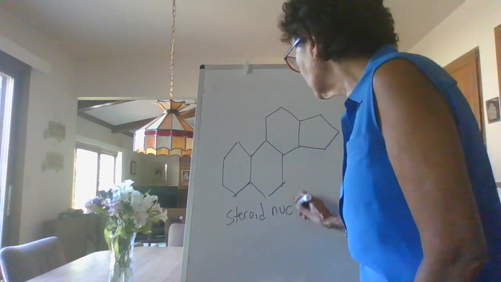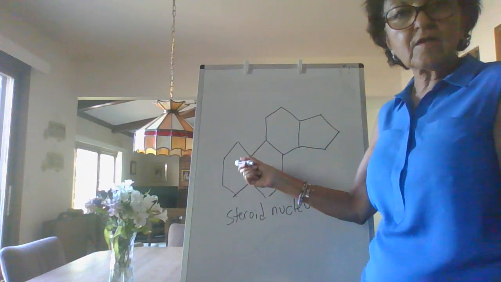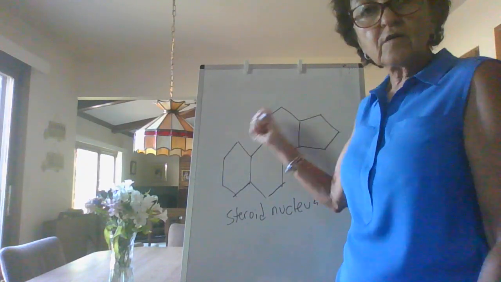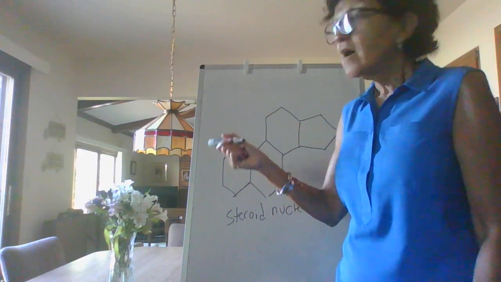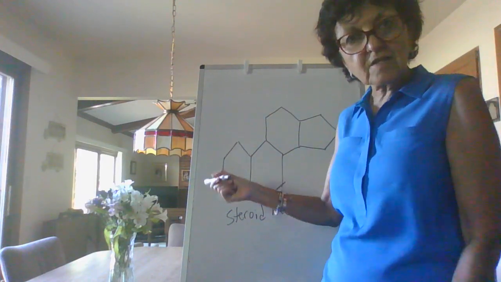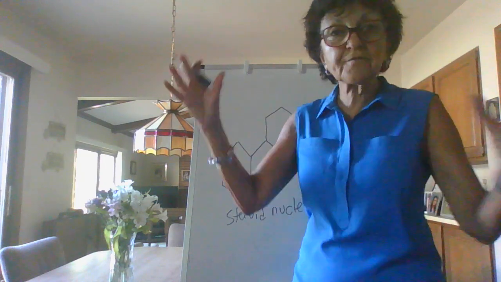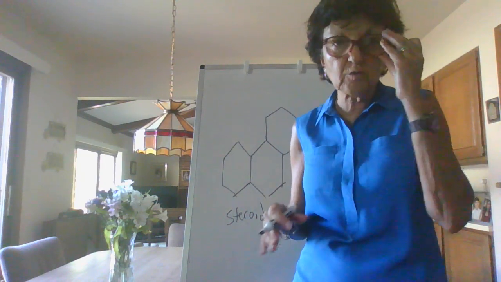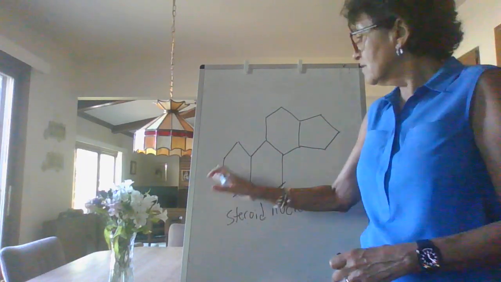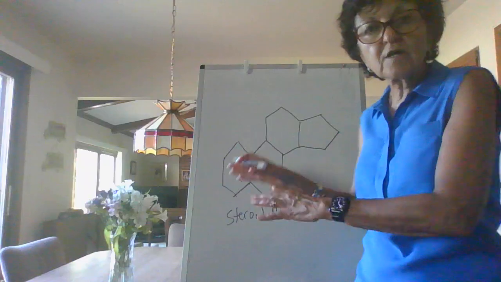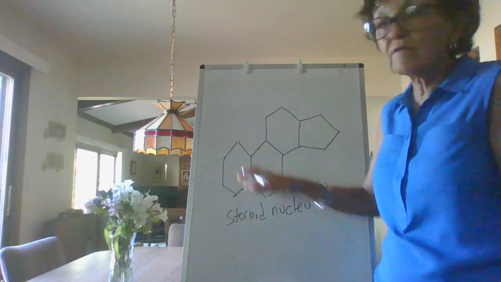Cholesterol looks like this. Estrogen looks like this. Testosterone looks like this. Vitamin D looks like this. Progesterone looks like this. But how do they differ? They have other things attached to it. They could have some double bonds, some carbons coming out, OHs. So don't worry about all the stuff, but just recognize this nucleus.